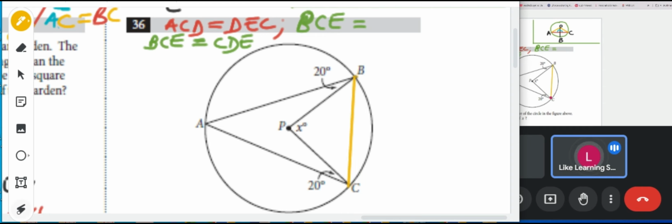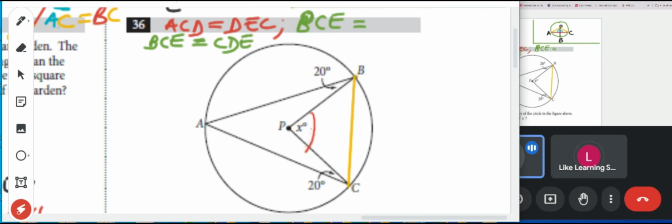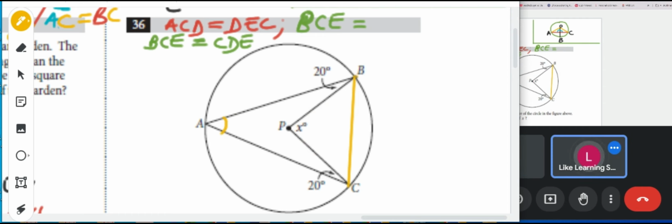BC. So this arc subtends this angle at A at the circumference and subtends this angle X at the center. So what do you say about the one at the circumference here and the one at the center? Angle BPC is 2 times angle BAC. So we can just simply call this one X over 2, isn't it?